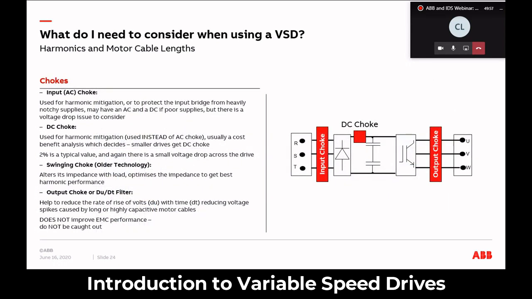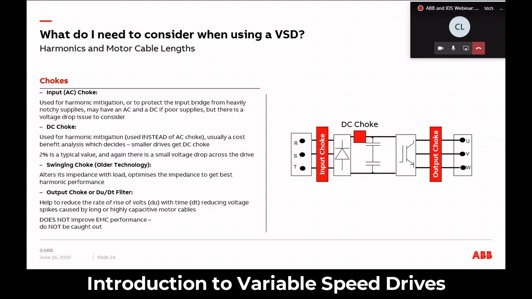So in terms of looking at harmonics and cable lengths, there are a couple of options to consider when using a VSD. From a harmonic perspective, there's the means of input AC chokes or DC chokes, and typically these come as standard with a lot of drives, and they come as standard with ABB drives, at least anyway.